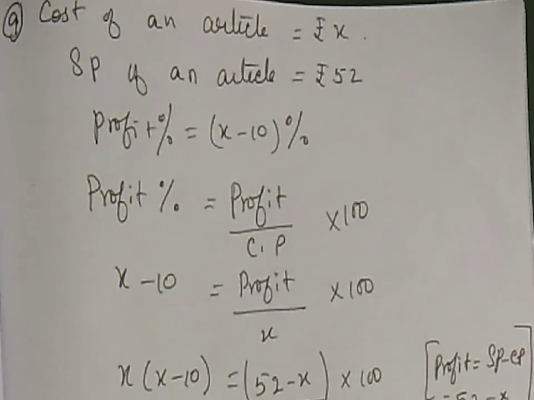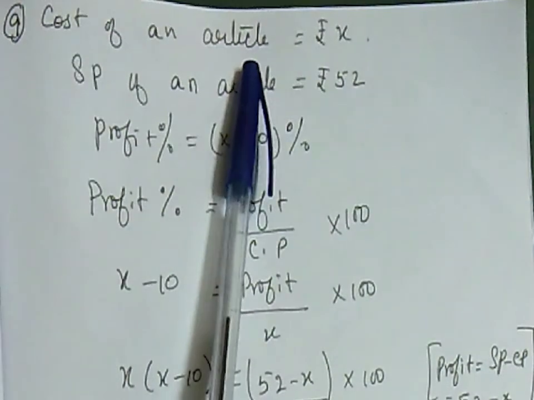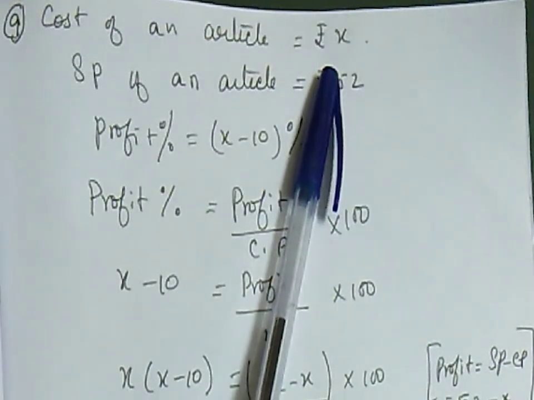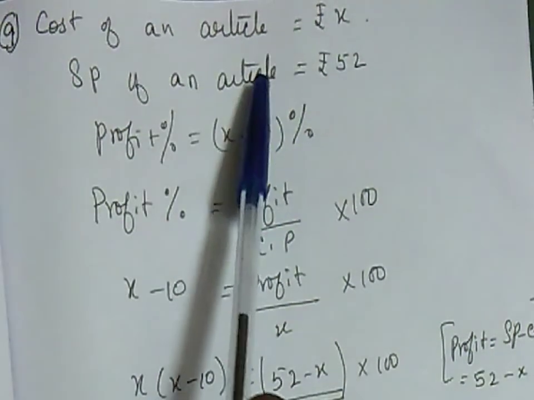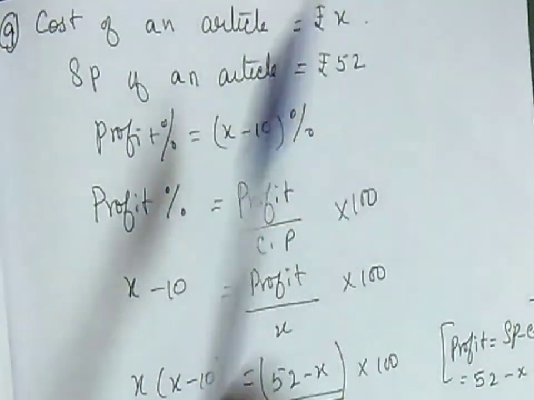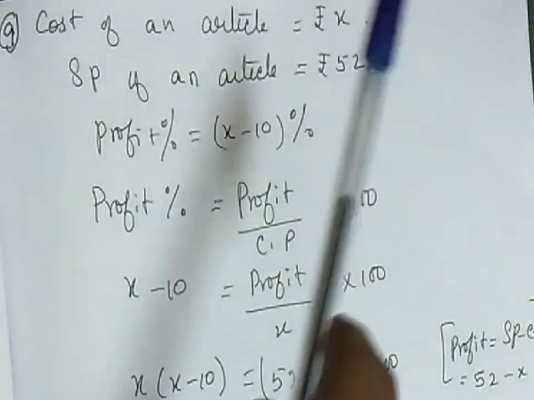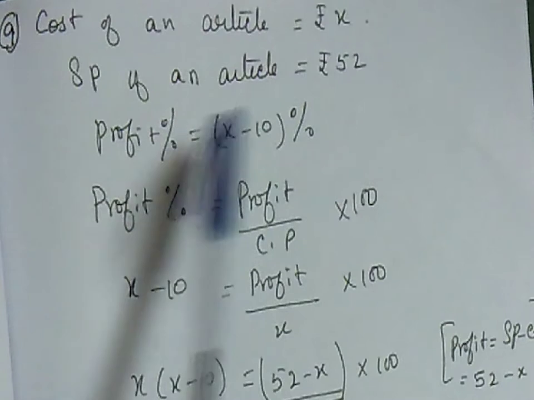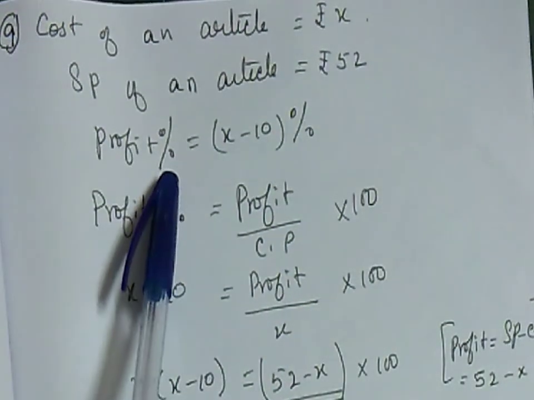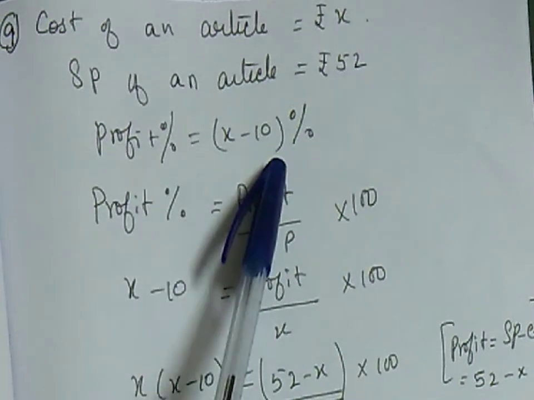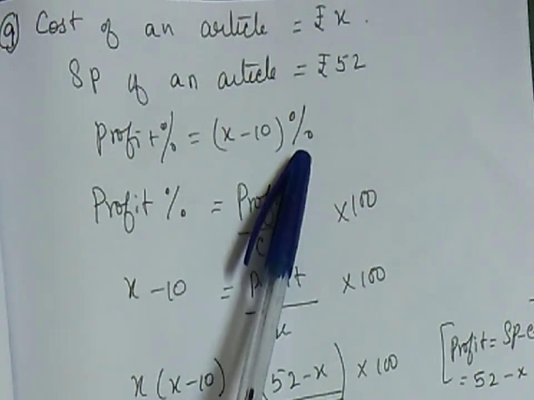The cost price of an article is x rupees. Selling price of an article is 52. What is the selling price of an article? 52. Profit percentage, that is x minus 10 percent.